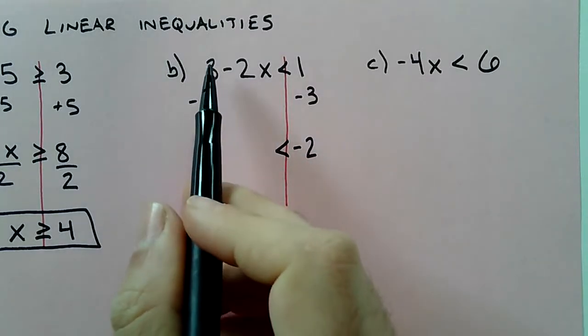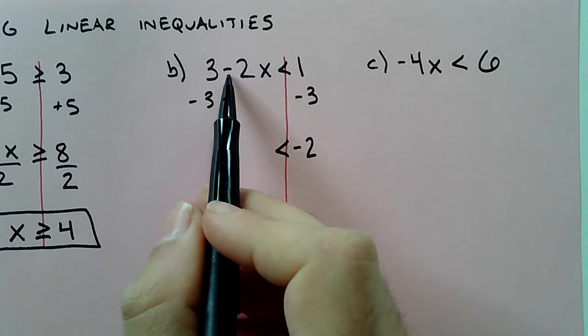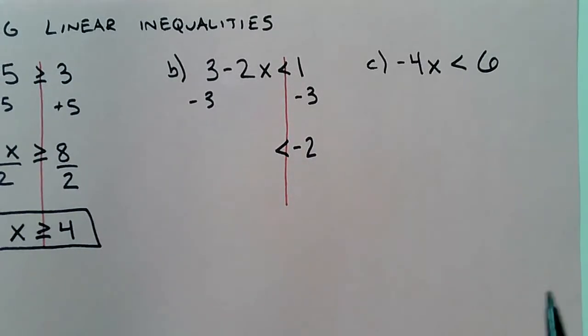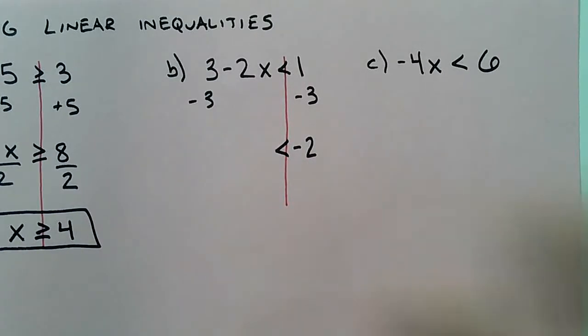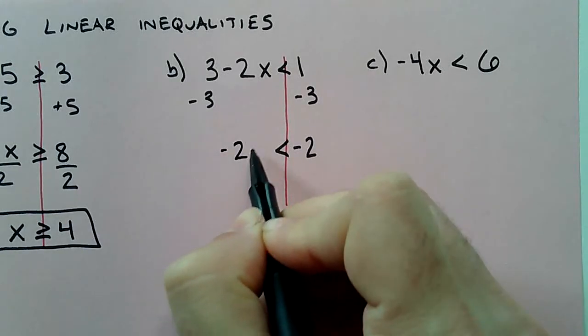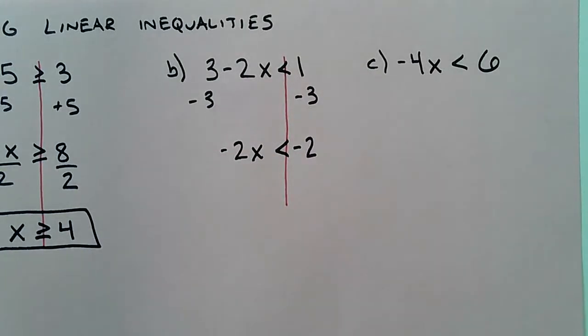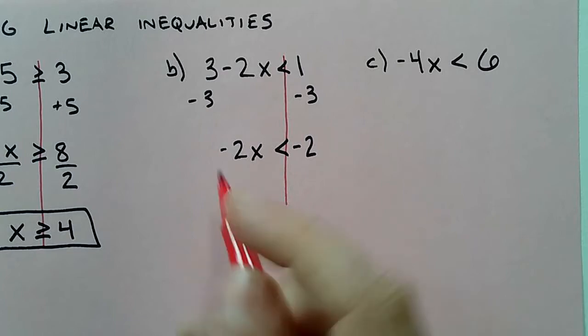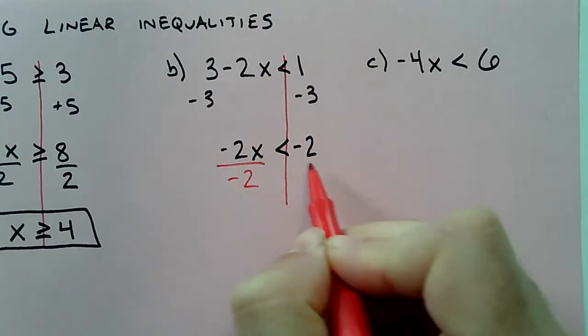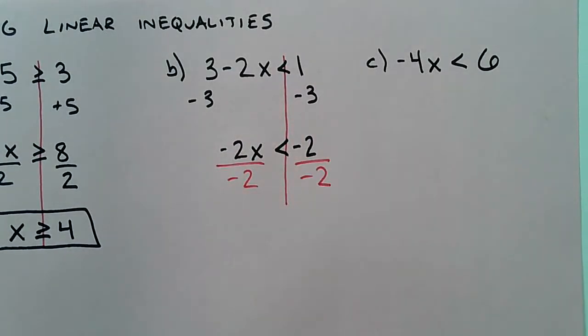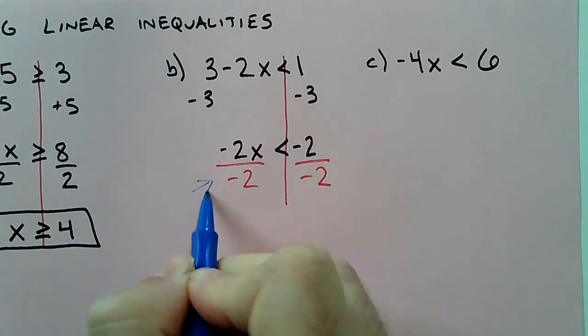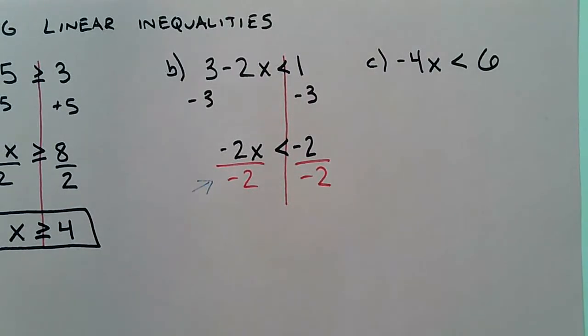Now here I got to be careful. I'm taking away the 3, but I got to make sure I don't lose the subtraction masking itself as a negative or vice versa. So we're going to keep -2x here. All right, now to solve here, divide by -2. This is where we have to be super careful. It's the one difference between solving inequalities. Dividing by a negative value.